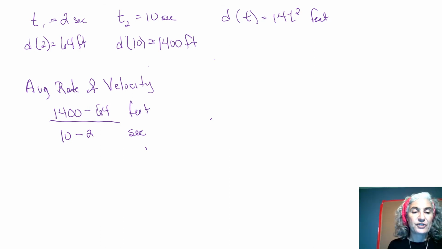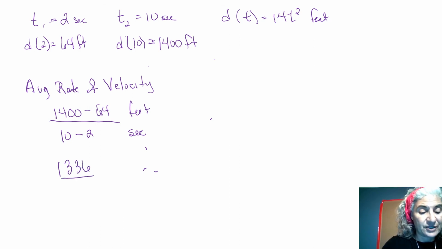Okay, so doing your arithmetic, your subtraction, your division, when I worked mine out, the numerator was 1336 over 8, still feet over seconds, which actually was very nice. I got 167 feet per second. Did you get the same thing?